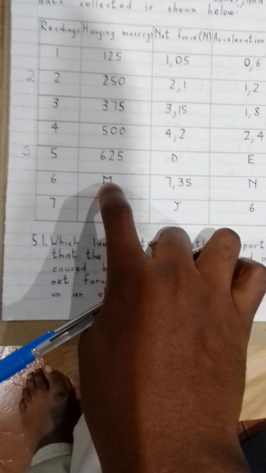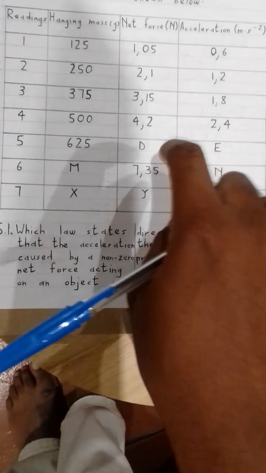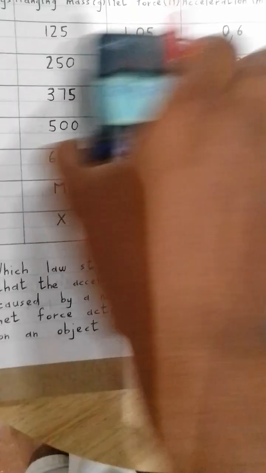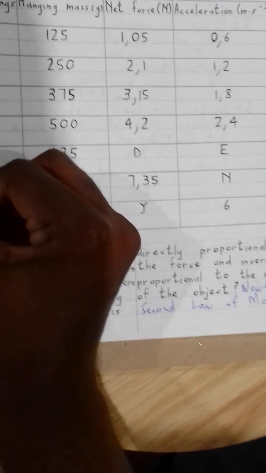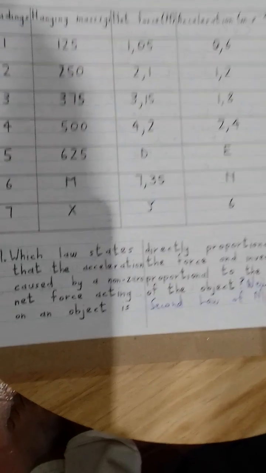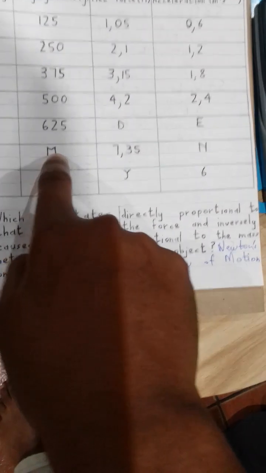M and N. We need to determine the hanging mass. We are given the net force. 7,35 divided by 1,05. 7. So the multiplication factor here is 7. Okay, my mistake. Then it's going to be 7 times 125. 875. That's M. 875 grams.